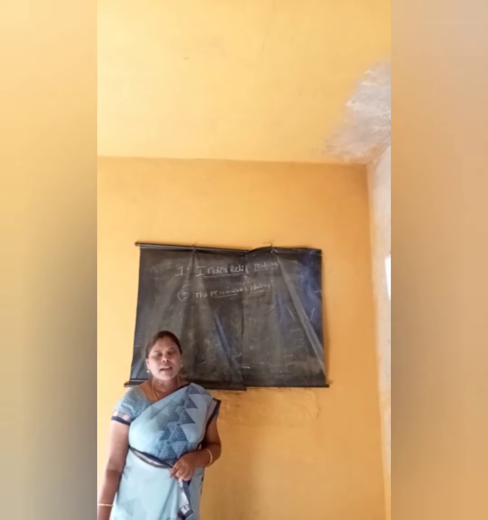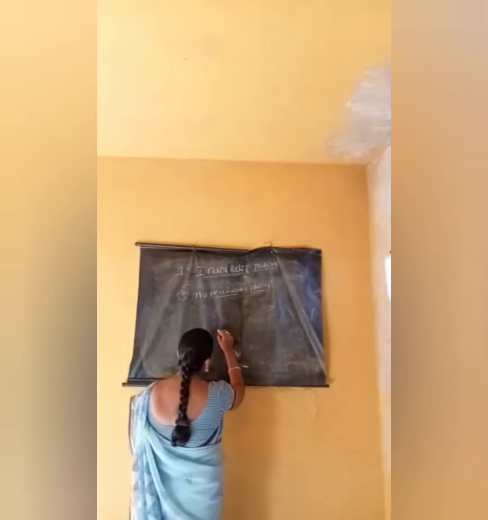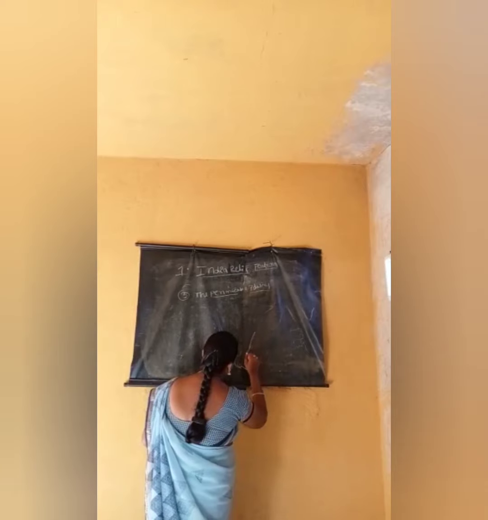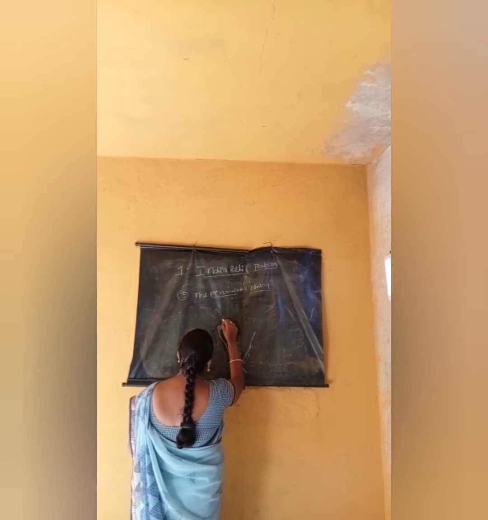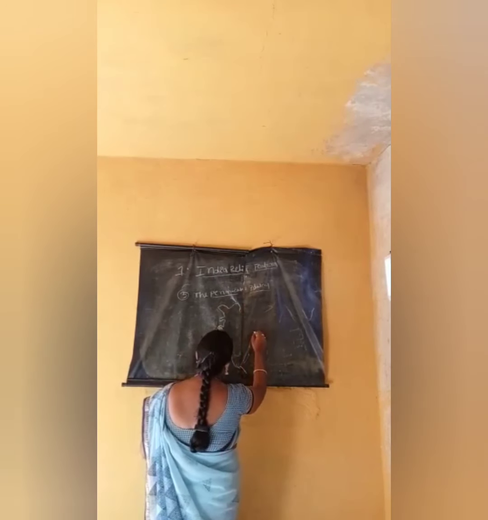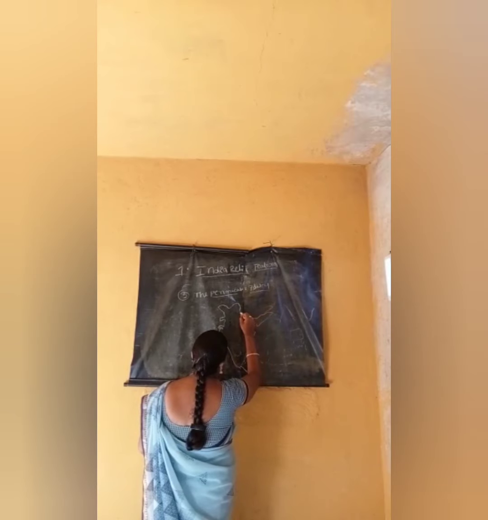Three sides water, one side land is called a peninsula. India is a peninsula.